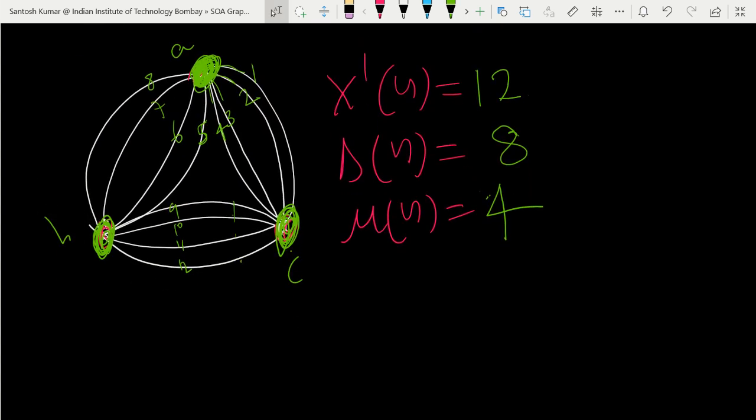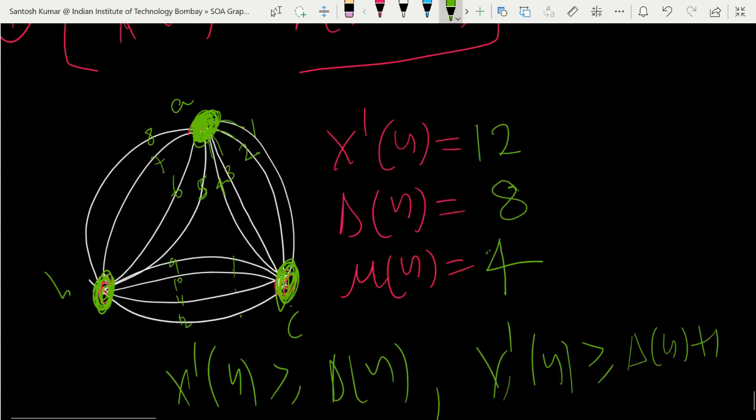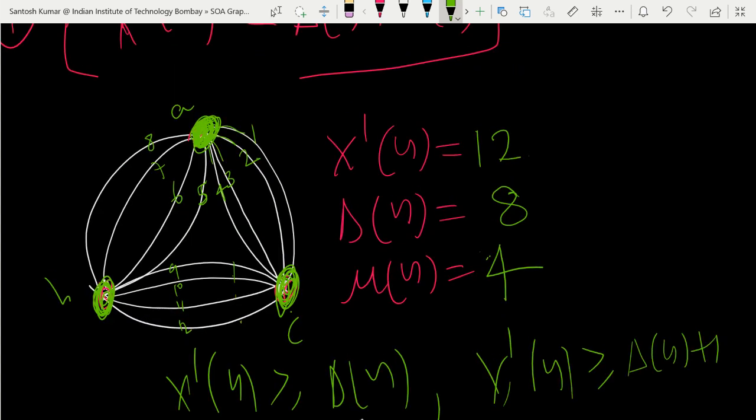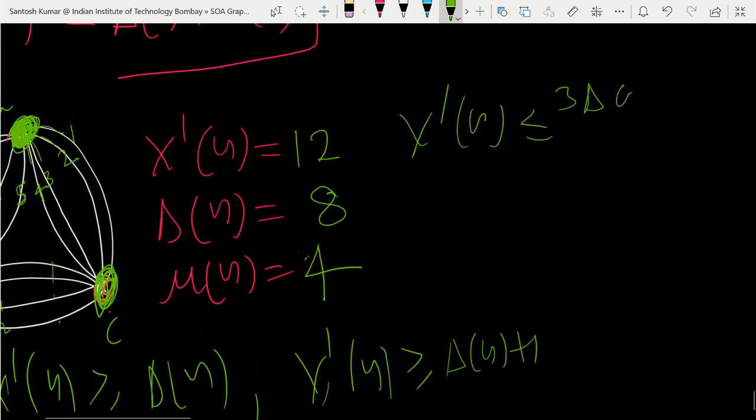Okay, so you can see here chi dash G is going to be more than or equal to delta G. And also chi dash G here is more than or equal to delta G plus 1. And there was a condition chi dash G is less than or equal to 3 delta G upon 2.